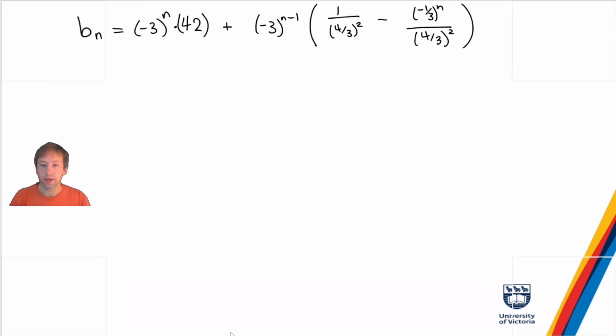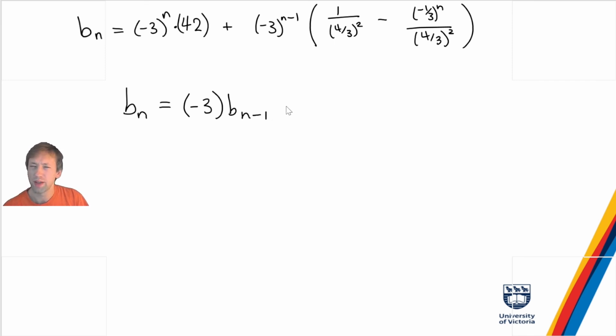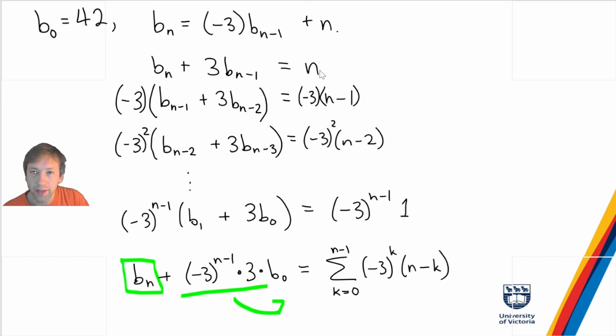I'm not going to do it, but this is your final answer. I should perhaps make a comment here about general solutions to recurrence relations versus specific solutions. The recurrence relation that we were dealing with here is b_n equals negative 3 b_(n minus 1) plus n.